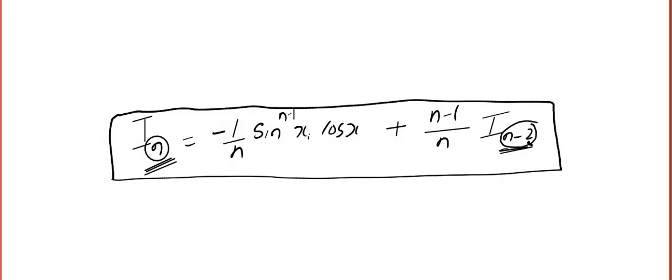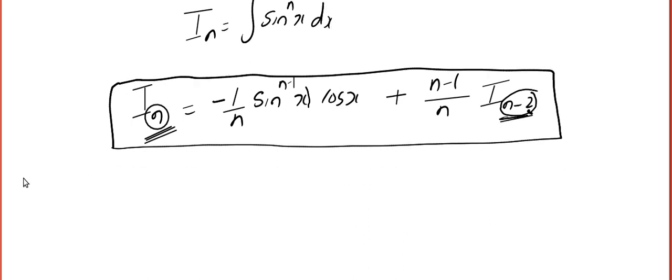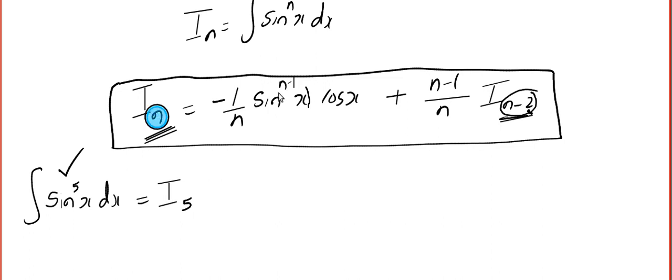Okay, so I have my reduction formula where In is nothing but integral sine to the power n x dx. Let's put it in trial mode and try to find something really small. Sine to the power 5x dx. Let's give it a try. So finding this means I have to find I5, and that means I'm going to plug in the value 5 wherever I mark with blue.